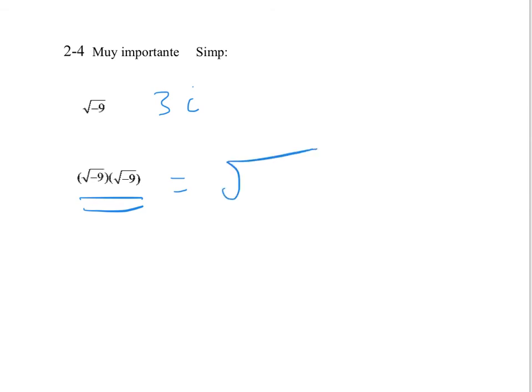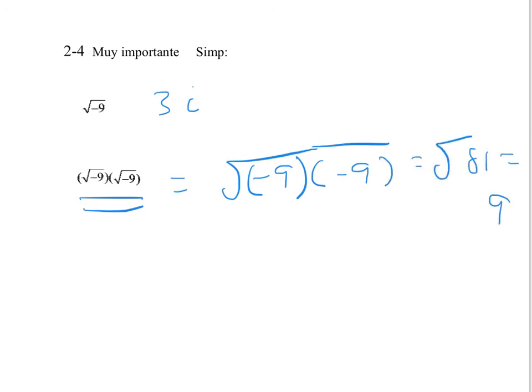So this is going to be radical negative 9 times negative 9, which is radical 81, which equals 9. This, unfortunately, is not the correct answer. When we do this, we need to say, okay, we just did this up here. Radical negative 9 is 3i.